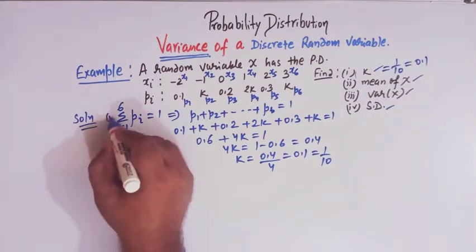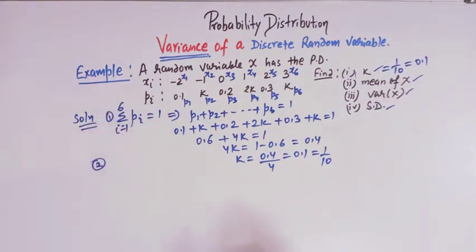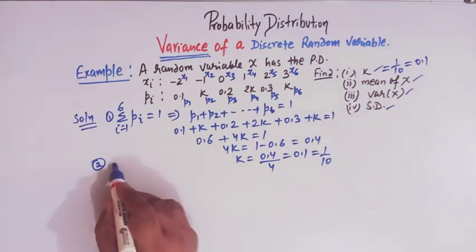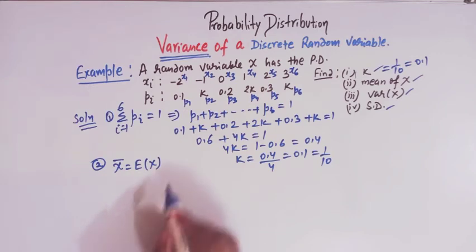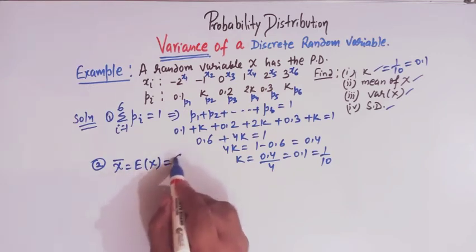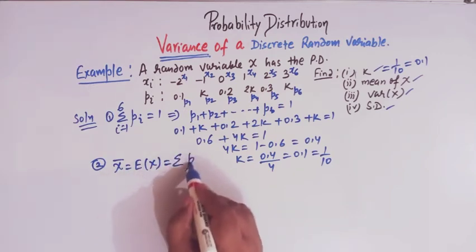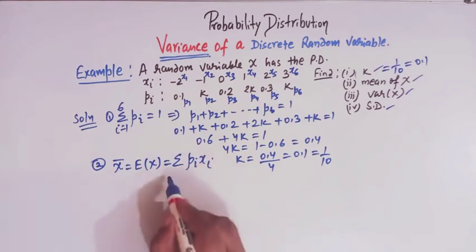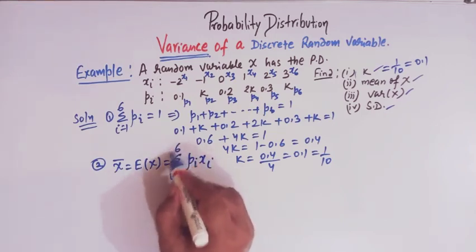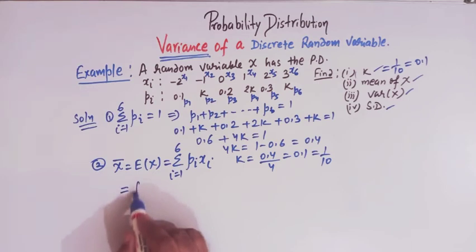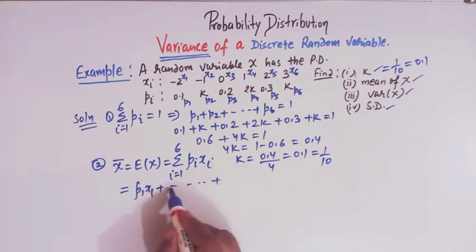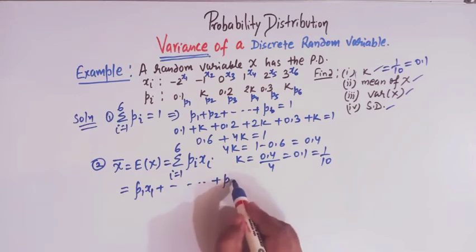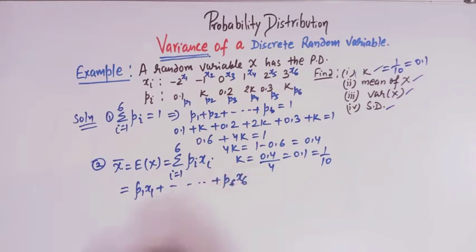Now our second aim is to find the mean of x. The mean of x, which is also known as the expectation value of x, is given by sigma of pi xi, where i varies from 1 to 6, that is p1 x1 up to p6 x6, right?